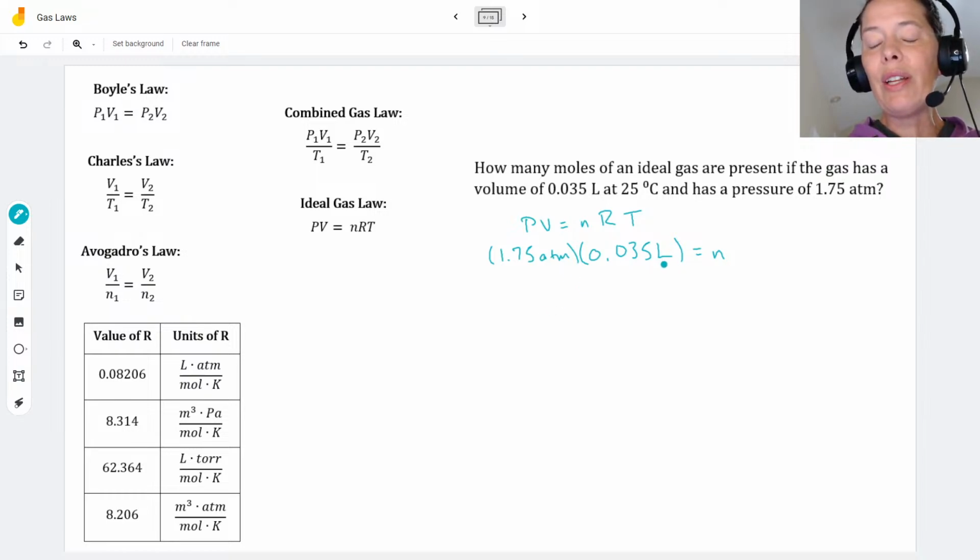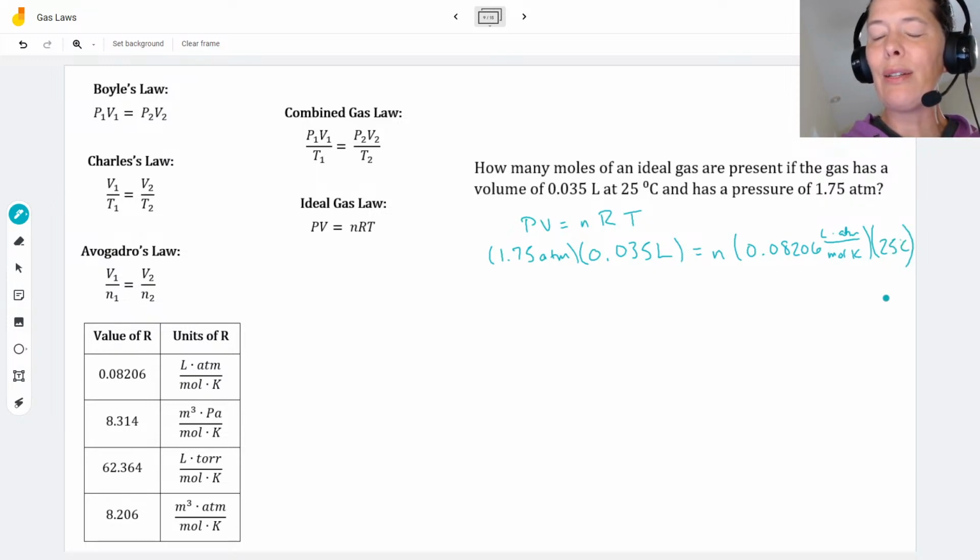R, again, I wanted to match my liters and atmosphere. So again, I'm using this first value for R. So that is 0.08206 liter atmosphere over mole K. And then my temperature here is 25 degrees Celsius.